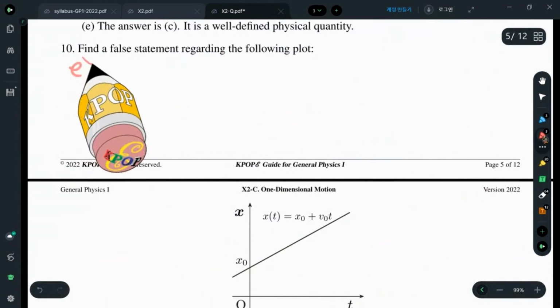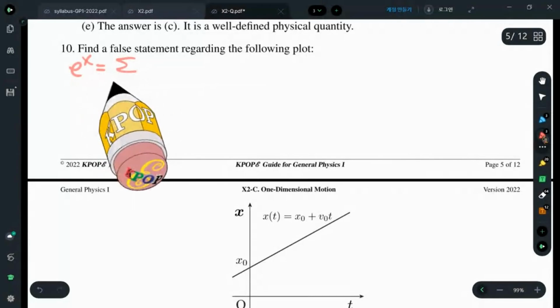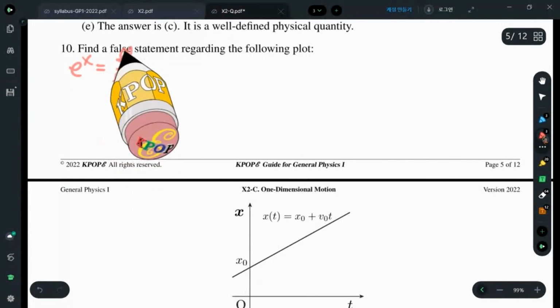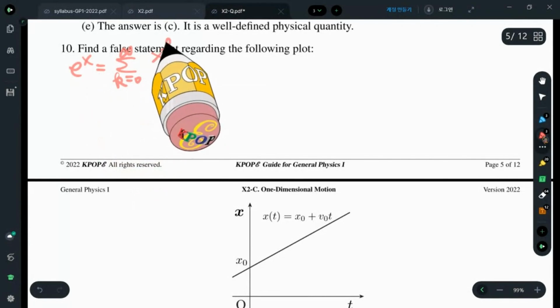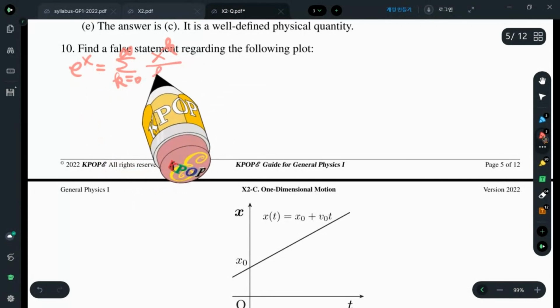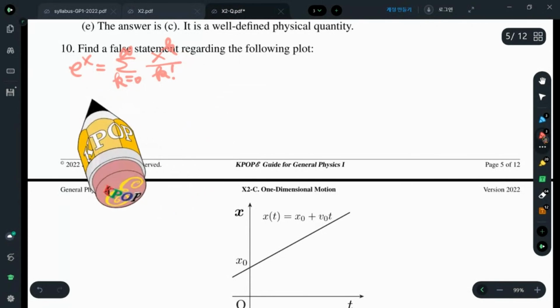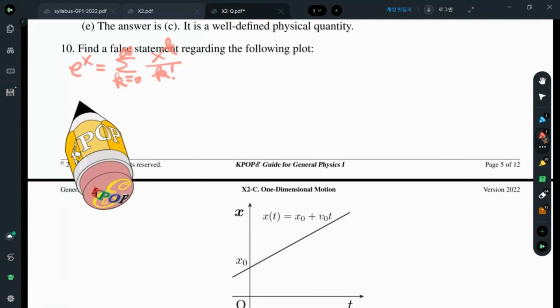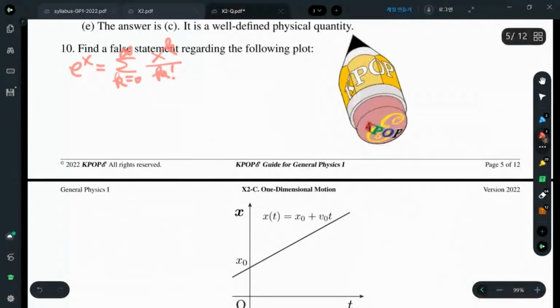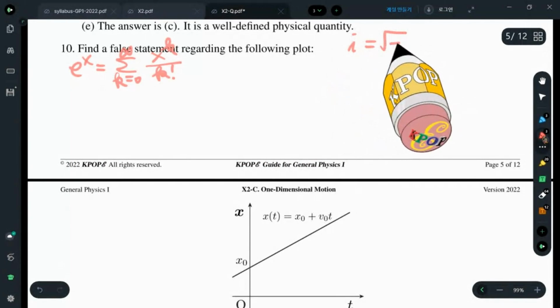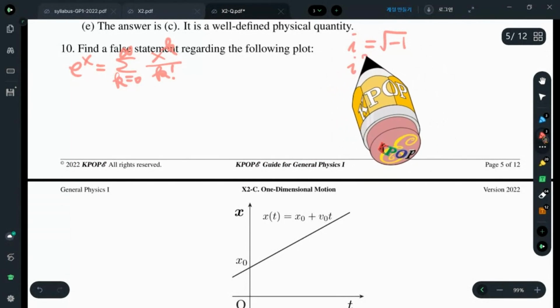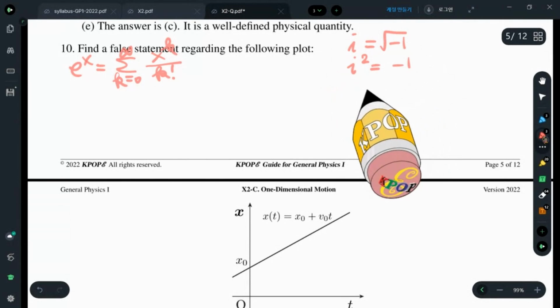Now we know exponential is the sum over k equals 0 to infinity of x to the kth power over k factorial. So why don't we substitute i equals square root of minus 1. So i squared equals minus 1.